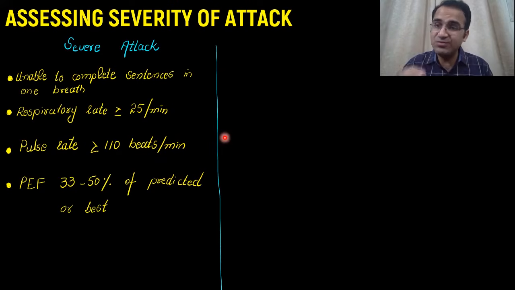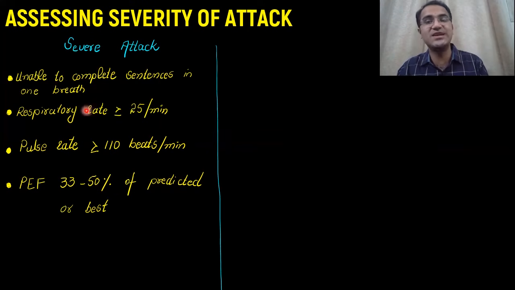If a patient comes to you in the emergency department and you are assessing the severity of the attack, you classify them into two categories: severe acute attack and life-threatening asthma. Severe acute attack is one in which the patient is unable to complete sentences in one breath.